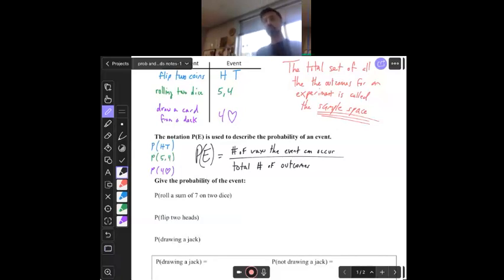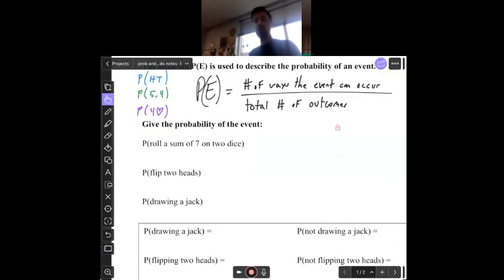So the number of ways the thing you want can happen divided by the total number of things that could happen. So again, it's not the math that's the issue, it's more the thinking about the situation. The math itself is just a fraction that you're writing, but it's making sure you understand the situation, how many things can happen, what am I looking for, and all that stuff. So it's a lot more thinking than doing with these problems.